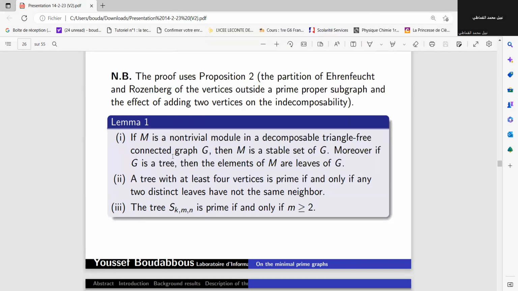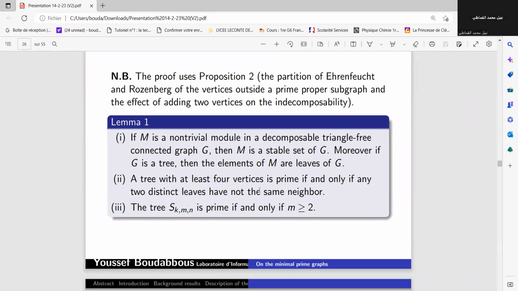Here, this lemma is easy, but it is simple. We give some lemmas. If M is a non-trivial model in a decomposable triangle-free connected graph, then M is a stable set. Moreover, if G is a tree, then all the elements of M are leaves of G. Leaves, that is vertices of degree 1, having only one neighbor.